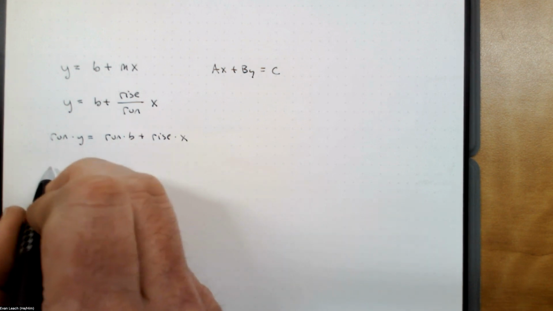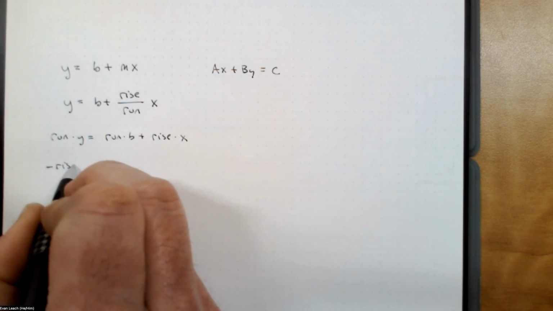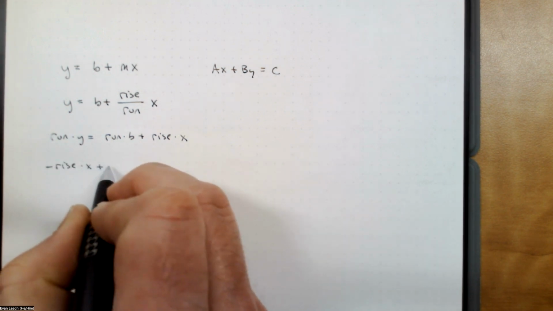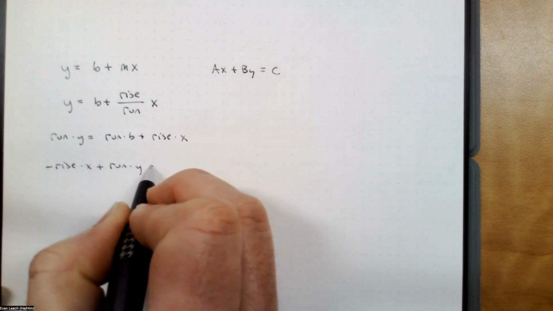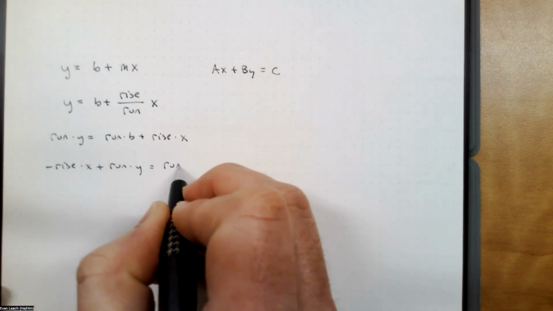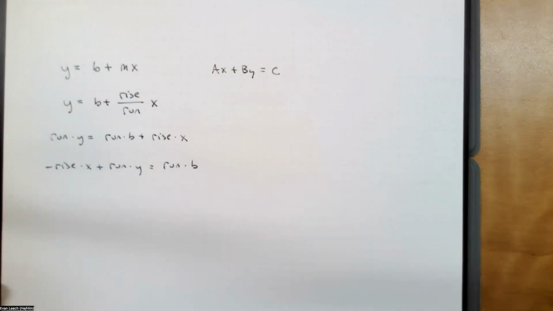So that'll be a negative rise x plus the run y is equal to whatever the run is times b. This corresponds to ax plus by equals c, where the coefficient of x is the opposite of the rise, and the coefficient of y is the run.